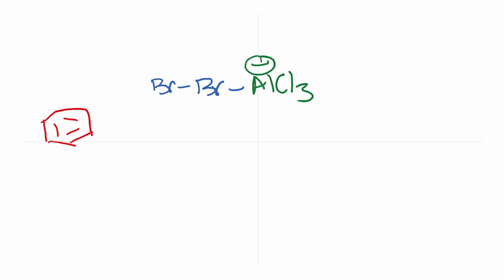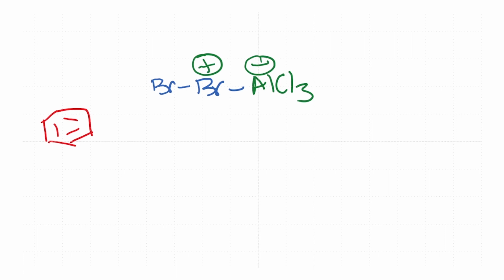So let me just draw out the benzene ring, and here is your Br, and AlCl3. So there's a negative charge on aluminium, there's a positive charge on Br because Br is donating electrons to aluminium.